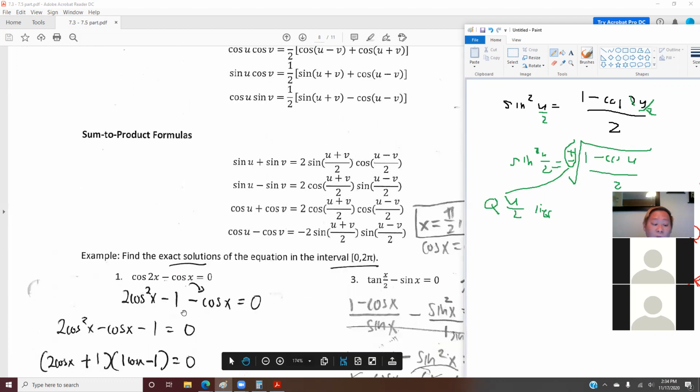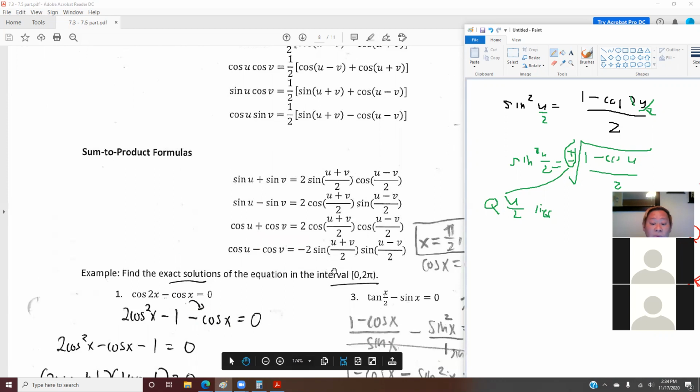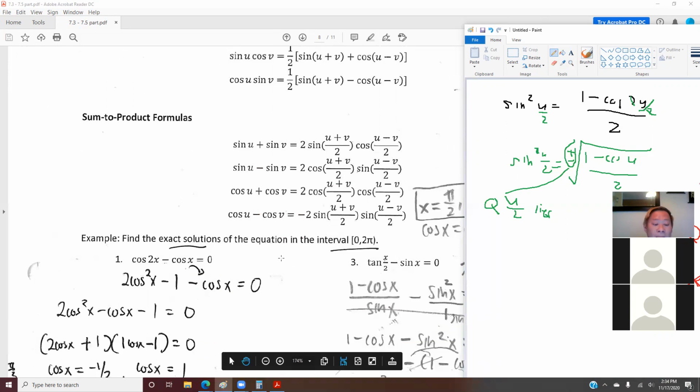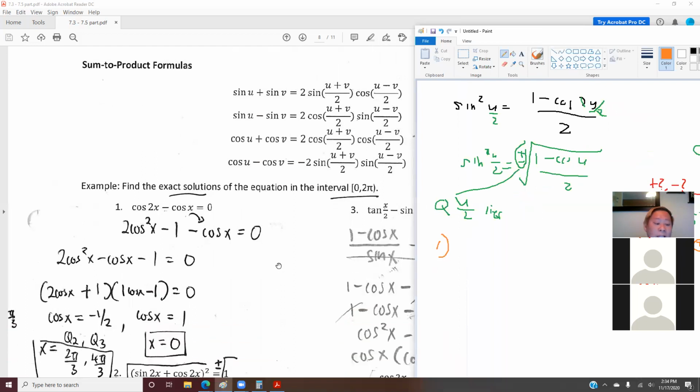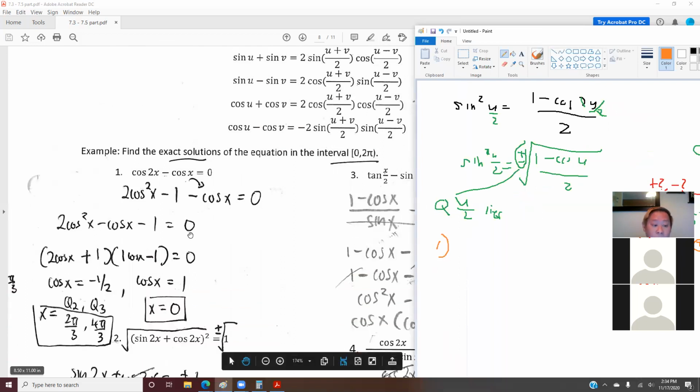I didn't use the last formula. You can. If you use the last formula, it's even quicker. See, like question 1 that I showed you. Like question 1 here, this is the long way to do it.